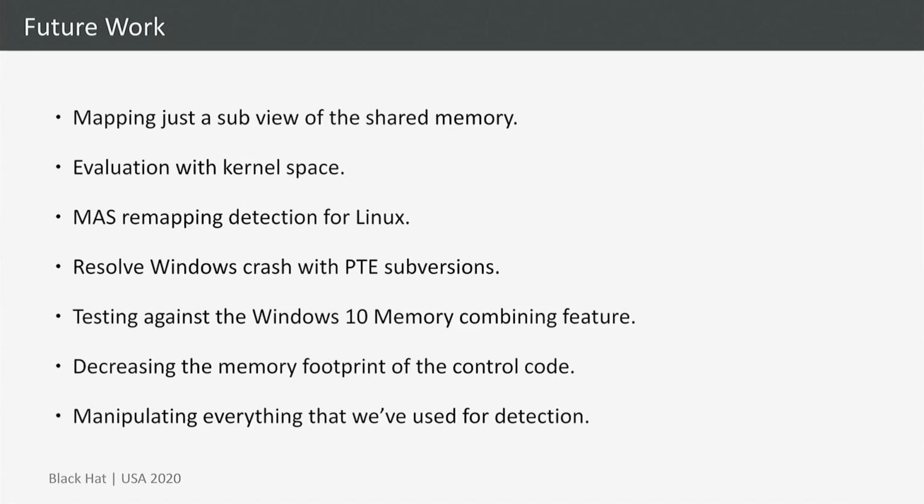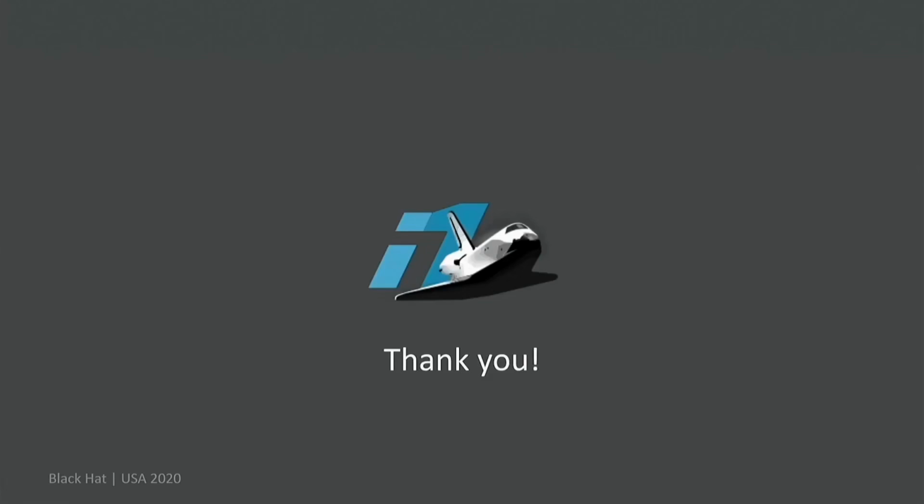And last but not least, manipulating everything that we've used for detection so far. So the MMPFN structs, page structures, messing with those might be interesting to look at in order to prevent the detection from being successful.